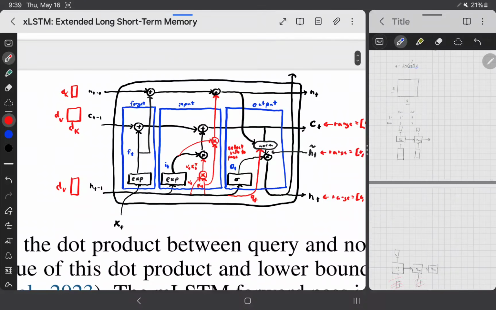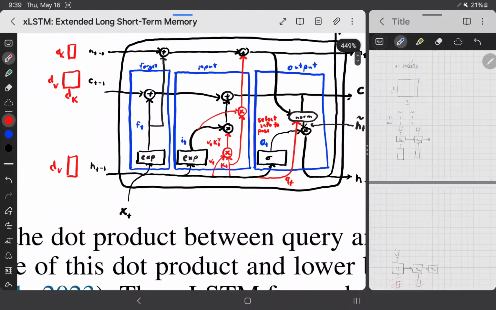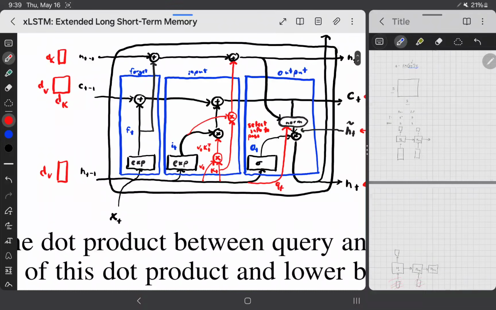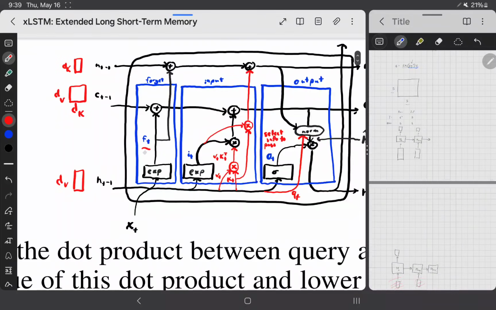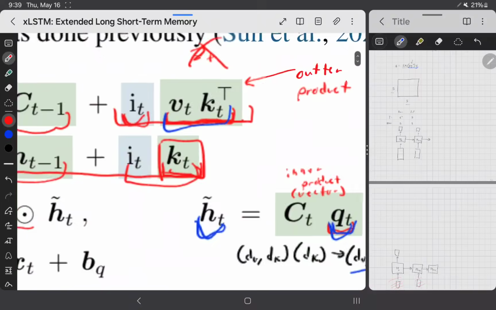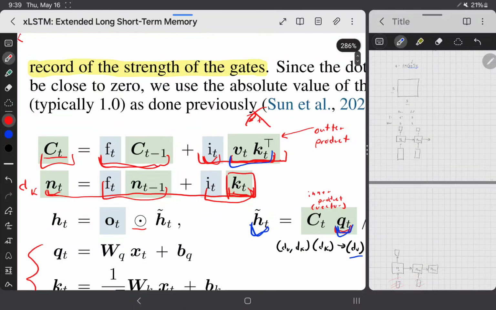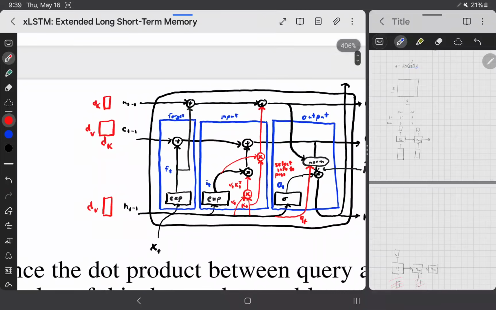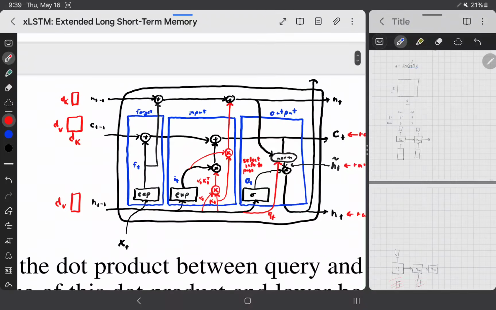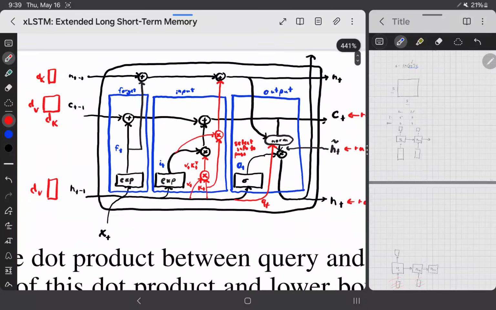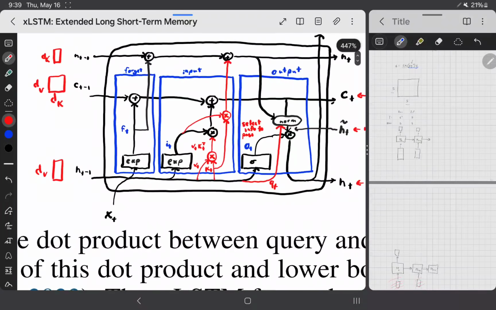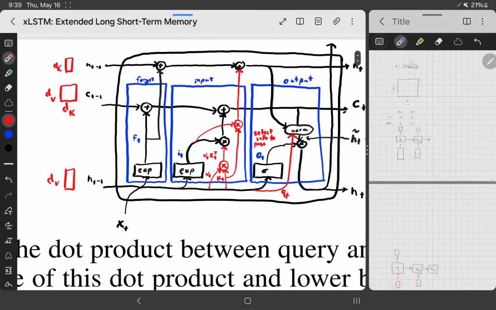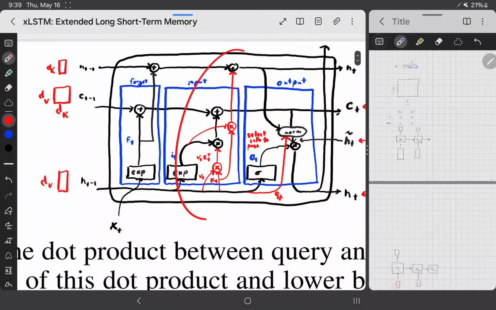Your hidden state is similar, except X is being turned into, well, you still have your forget gate, and your forget gate is doing its normal forgetting stuff. So that happens here. The main stuff happens in the input when you have your keys and values. So you convert this to keys and values, or queries, keys and values.